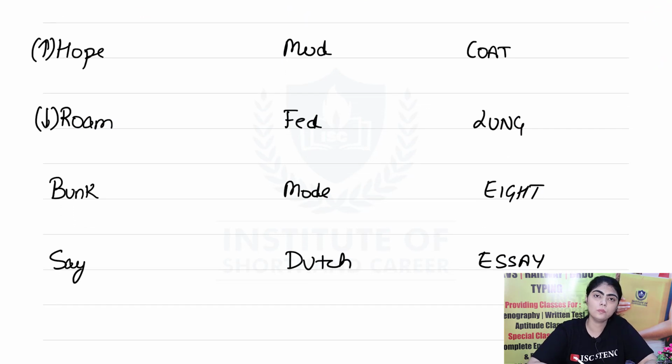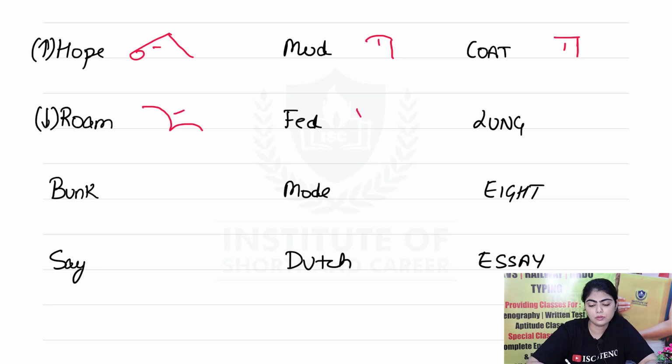Next word is hope, H, O and P, upward H, O and P, hope. After that is mud, M, A and D, mud. Next is coat, K, O and T. Next is roam, R, O and M, downward R and M, roam.